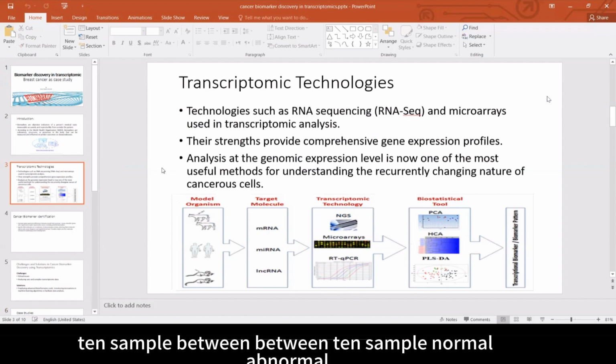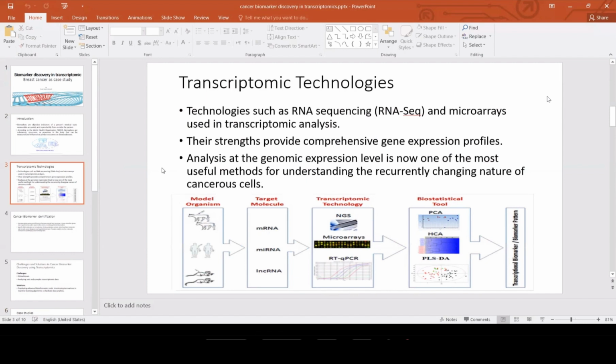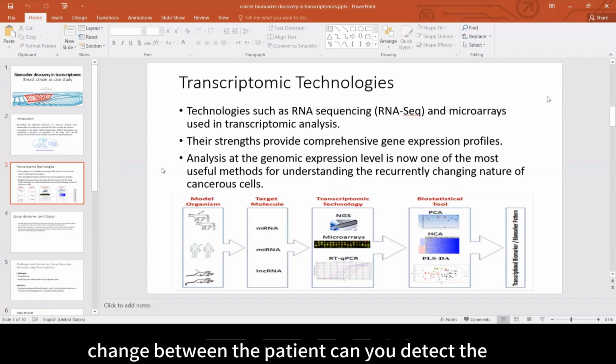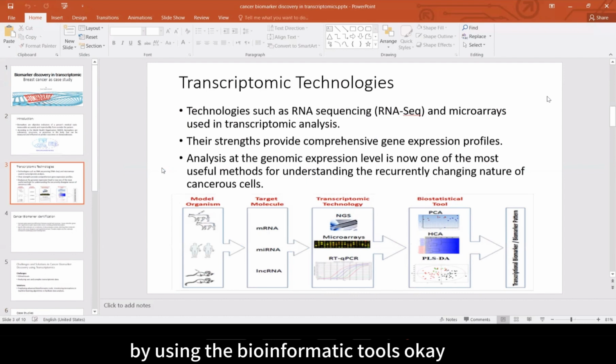Ten samples, normal and abnormal. The change between the patients can be detected by using bioinformatic tools.